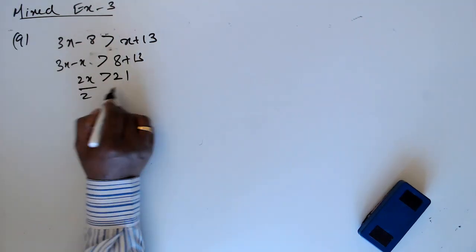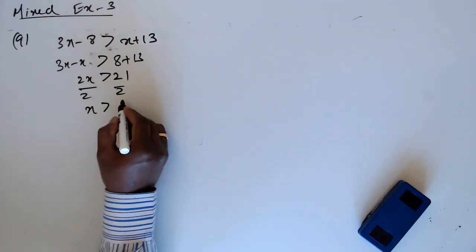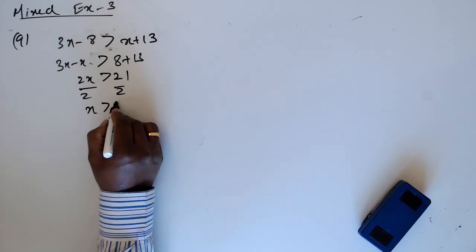Divide both sides by 2: x greater than 10.5.